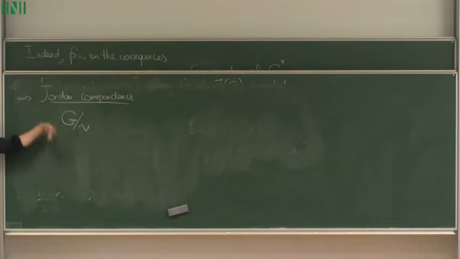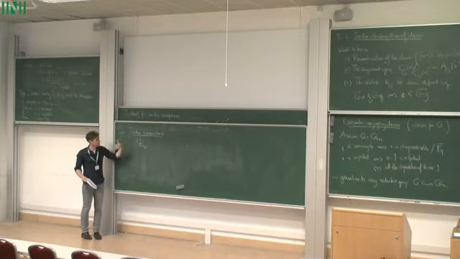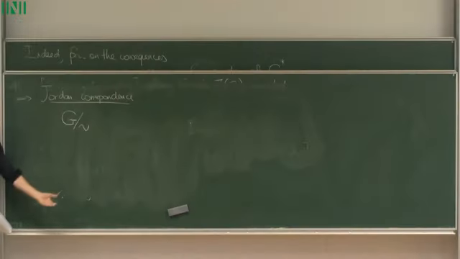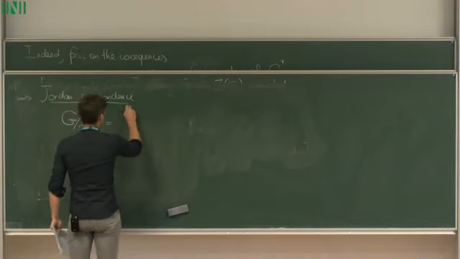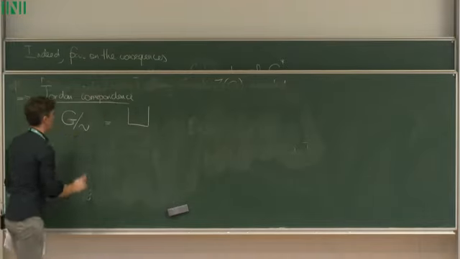And since you're working up to conjugacy, since the elements commute, the decomposition is unique. It amounts to considering only the conjugacy class of the semi-simple part and the conjugacy class of the unipotent part.